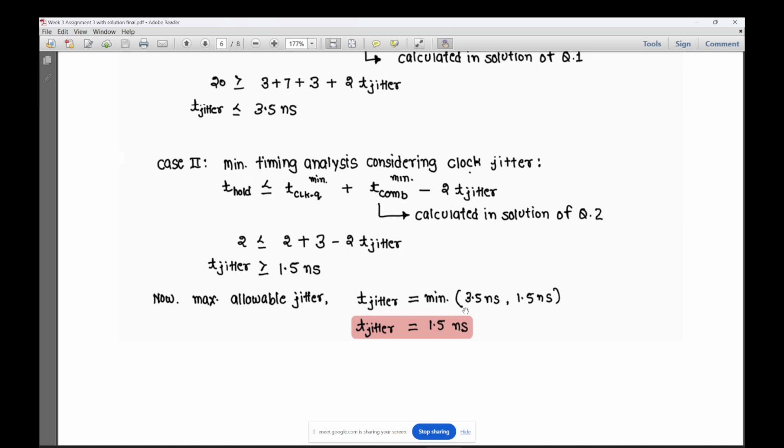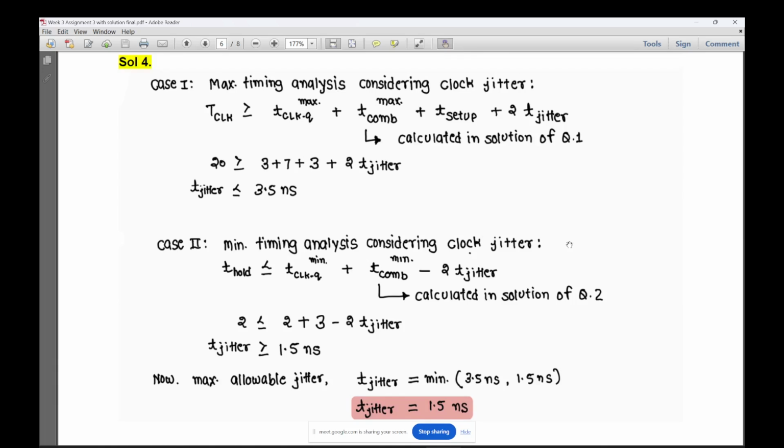What is the question? Here is a question now. What is the maximum allowed jitter in the clock so that the given circuit works at a given frequency without failure?